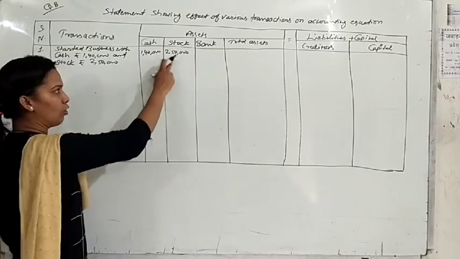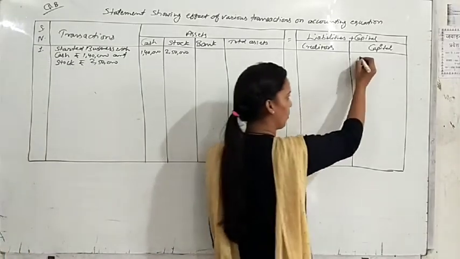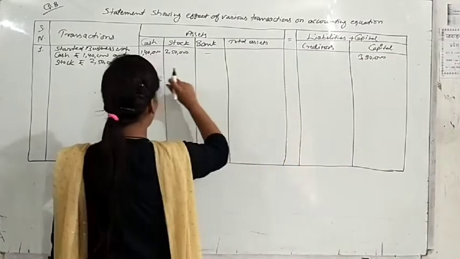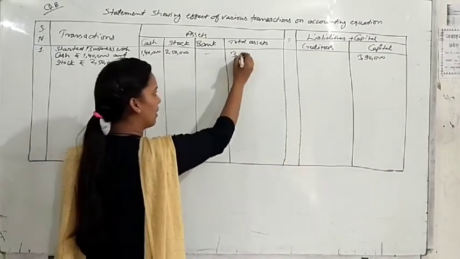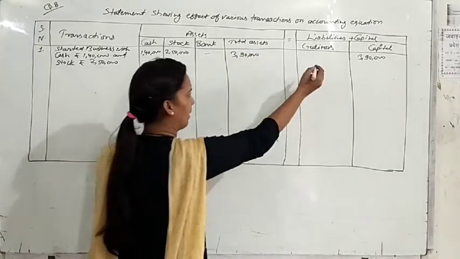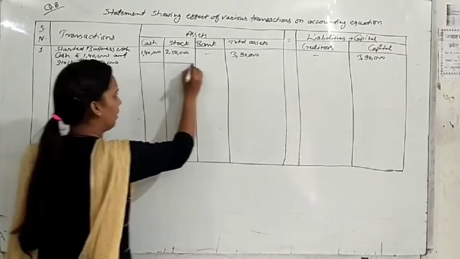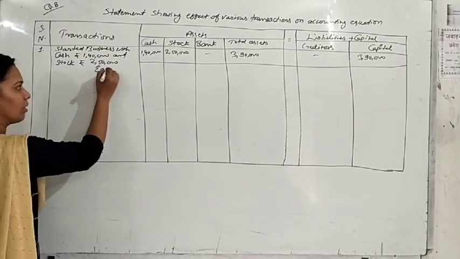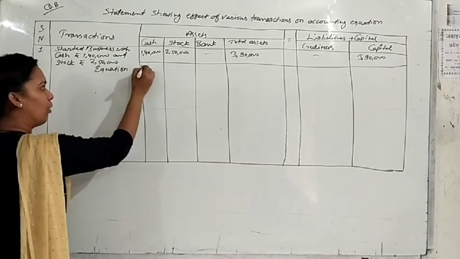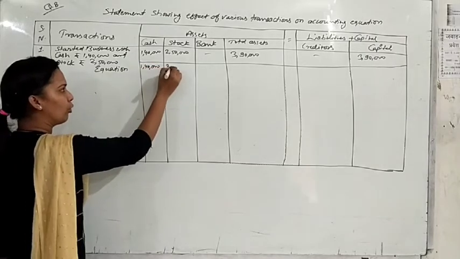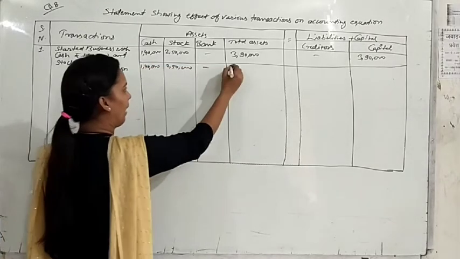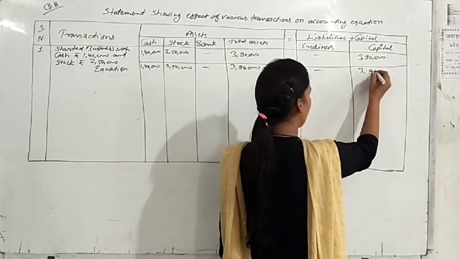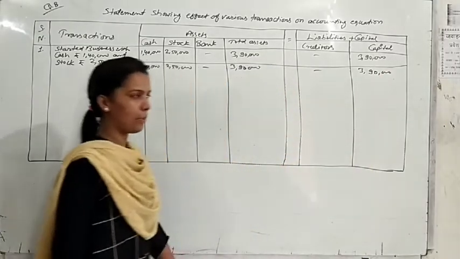So you can say that your total capital is 3,90,000. No effect on bank account. 140 plus 250, total assets are also 390 and capital is also 390. Form the equation: 140, 250, and total assets are 3,90,000. No creditors, and 3,90,000 is your capital.